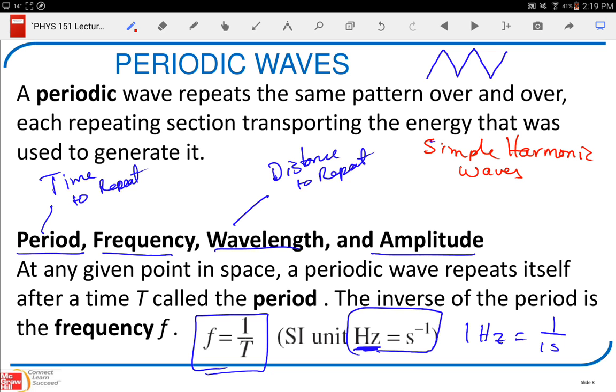Simple harmonic waves are waves that are sinusoidal. A sinusoid looks like that. A sine wave would start here. A cosine wave looks exactly the same. It just starts there. So both the sine wave and a cosine wave are sinusoidal. Some people get confused and say, well, shouldn't that other one be cosinusoidal? No, it's still sinusoidal. So we're going to limit ourselves to simple harmonic waves.